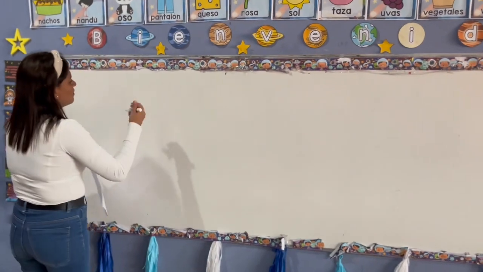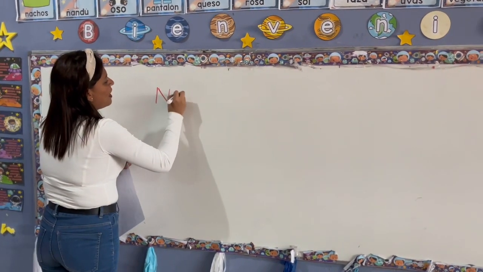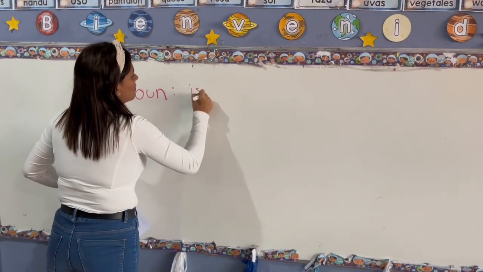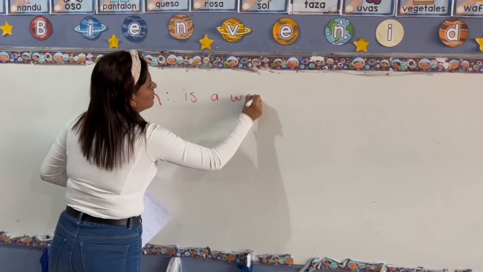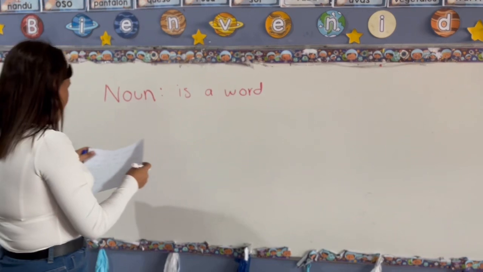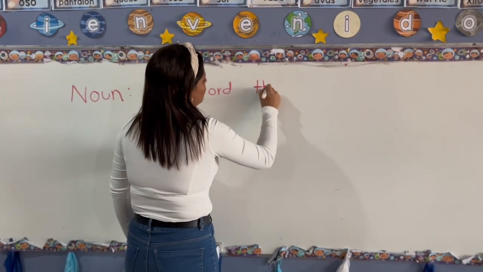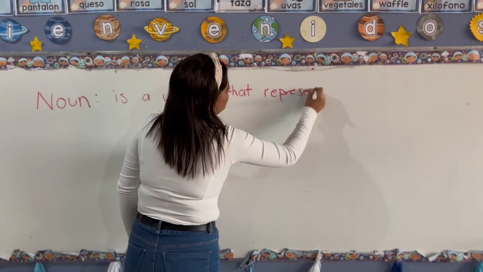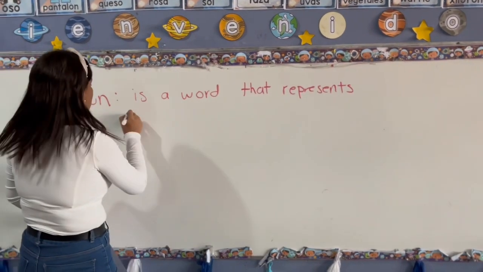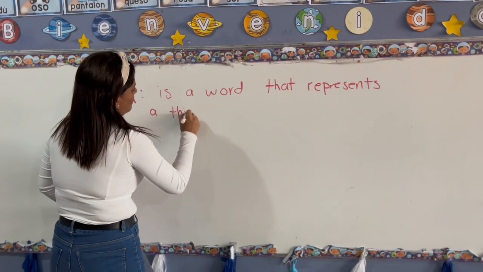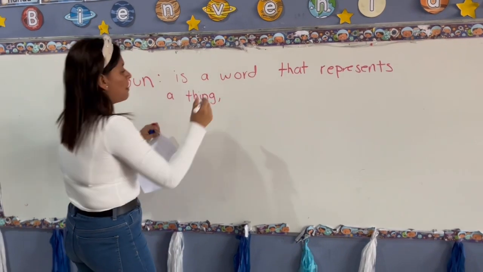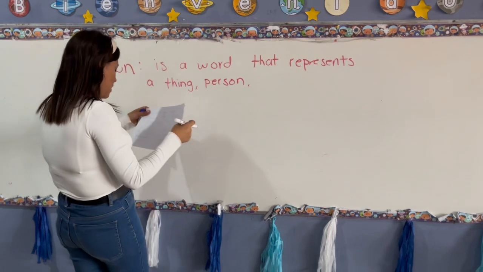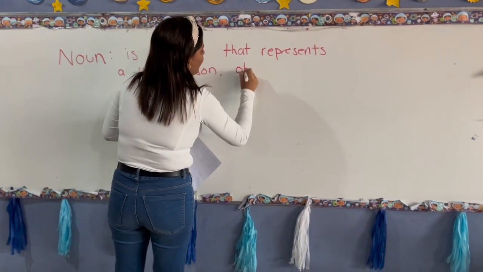First of all, let's remember that a noun is a word that represents a thing, a person, an object, or a place.